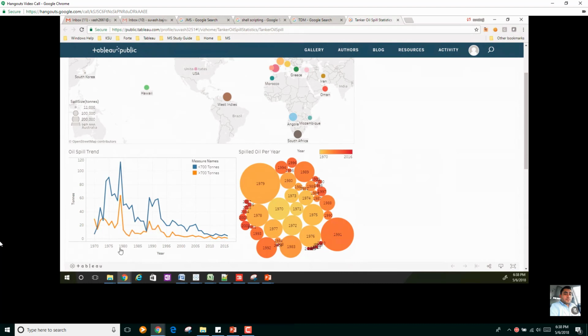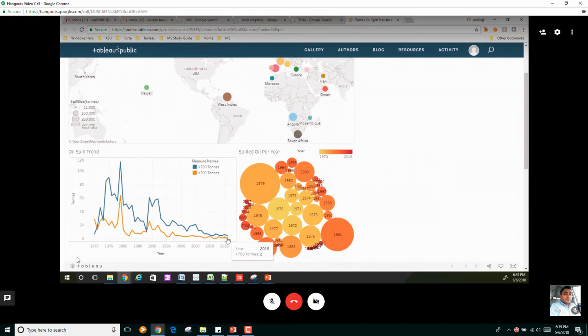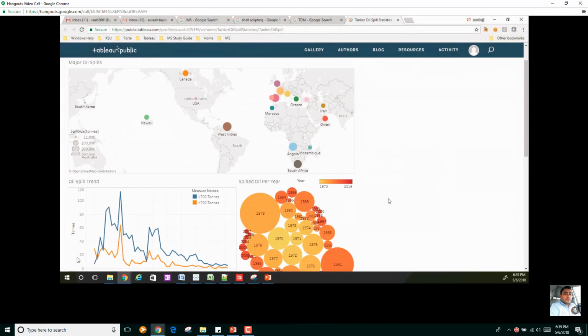And if you can see here, in 1975 and the 1980s, before the 1990s, there were more tanker oil spills, and later, after the 1990s, the spills went down. So they are doing a much better job in not spilling the oil.